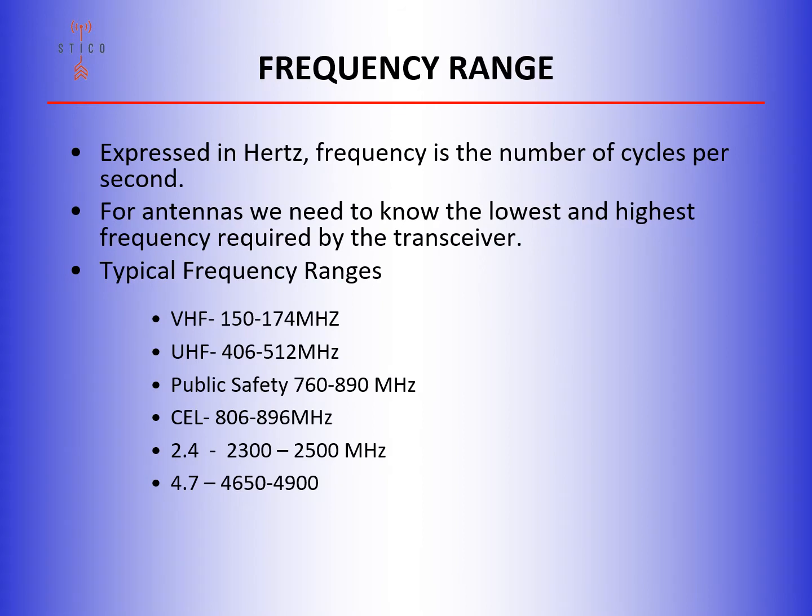Let's begin our terminology breakdown with frequency range. Expressed in hertz, frequency is the number of cycles per second. Normally, for transmission systems, we're going to be dealing with megahertz or higher, such as gigahertz. For antennas, we need to know the lowest and the highest frequency required by the transceiver.